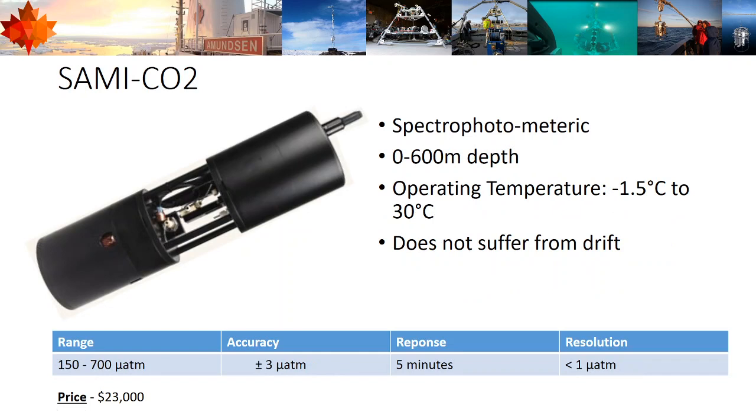Moving on to pCO2, or partial pressure of CO2, instruments. Here is the SAMI CO2, again from Sunburst Sensors. This uses a spectrophotometric pH method similar to the SAMI pH to determine pCO2. Here it pumps a colorimetric pH indicator into a CO2 permeable membrane where it equilibrates with the seawater sample.